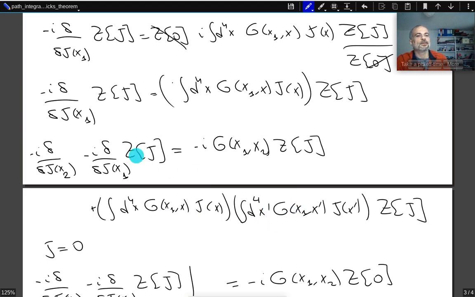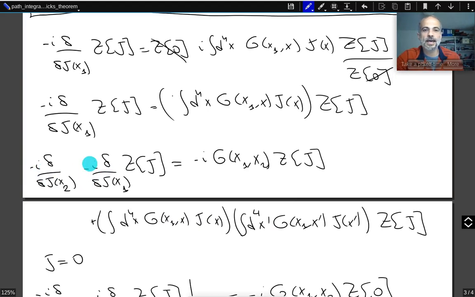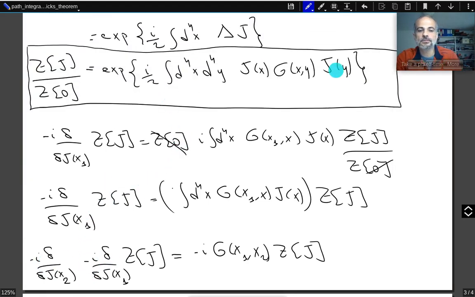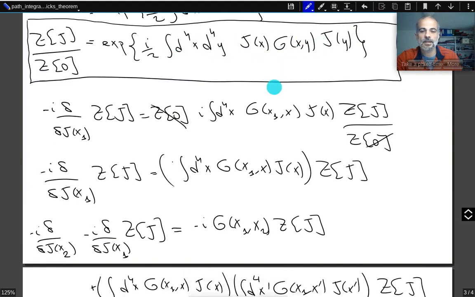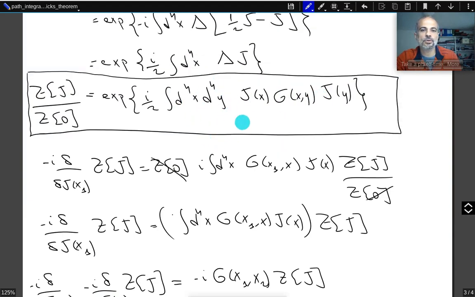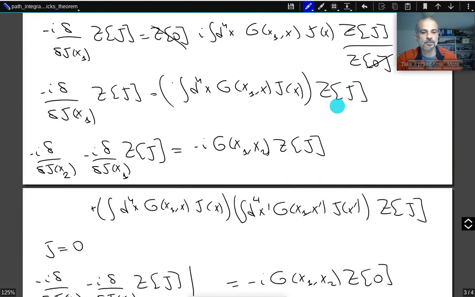So the contribution we have is that these two derivatives both acted on what is in the exponent, and one of them eliminated one of these J's, the other derivative eliminated the other J, so we recover that non-zero value.